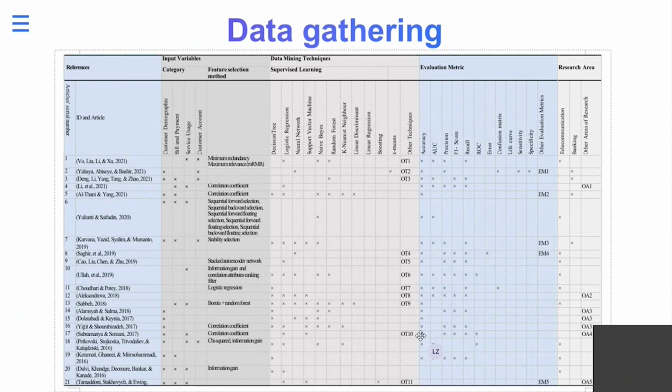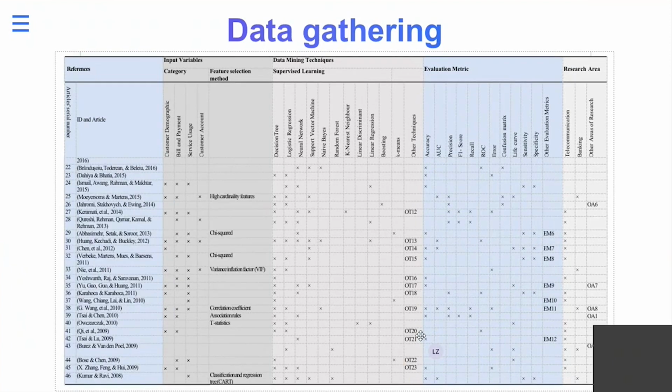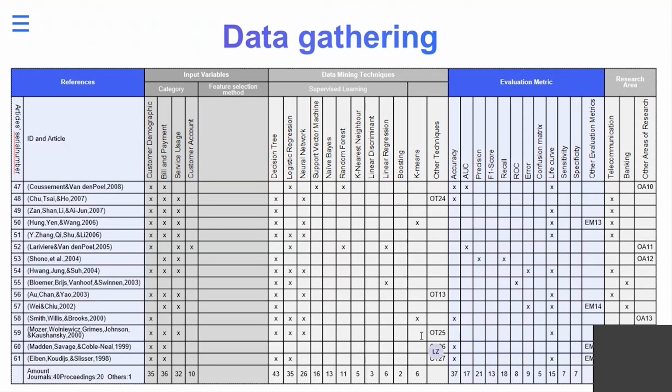The table is generated based on these 4 categories. Actually it is one table, but it's too big to fit in one slide, so I cut it into three parts, and we can look at this table. The table lists the data mining techniques used in the literature.